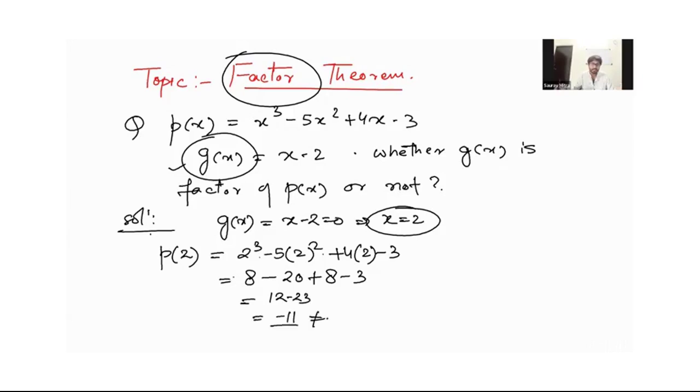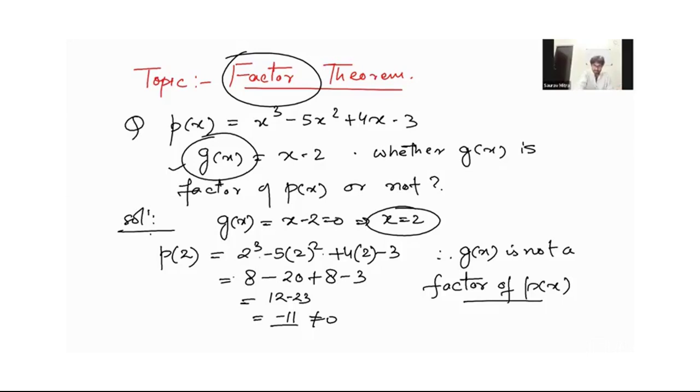That is not equal to 0. So g of x is not a factor of p of x. Since the remainder is non-zero, we can conclude that g of x is not a factor of p of x. Clear?